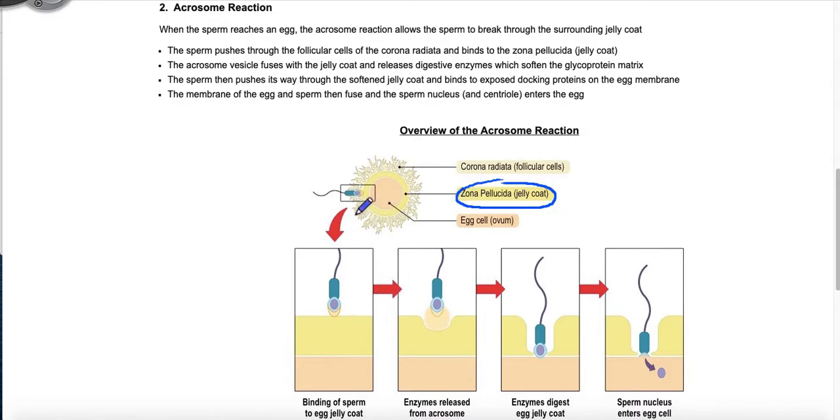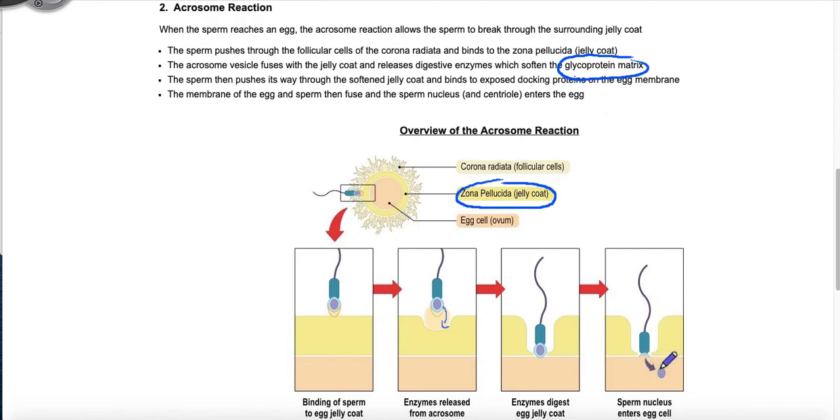So the sperm is going to push through the corona radiata, which are the follicular cells, and then the acrosome, which is the head of the sperm, is going to bind here with the zona pellucida, and then the enzymes from the head are going to be released. So those enzymes are going to digest the egg jelly coat of the zona pellucida, which is a glycoprotein matrix.